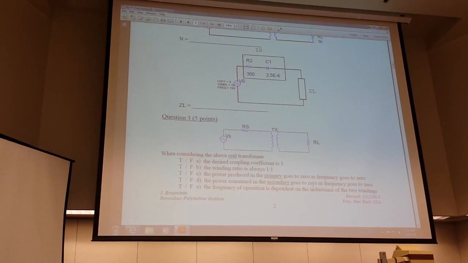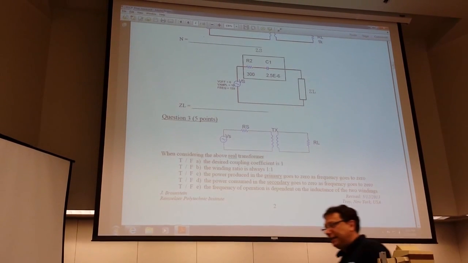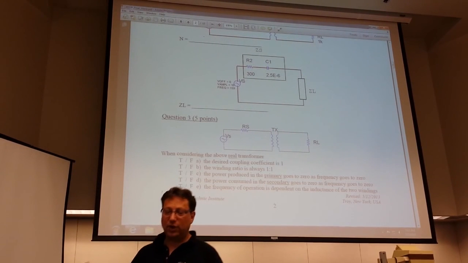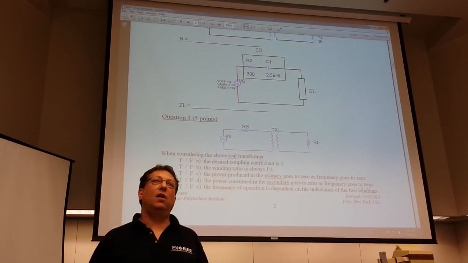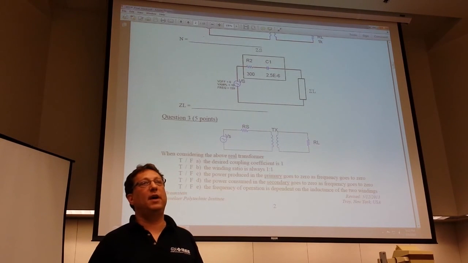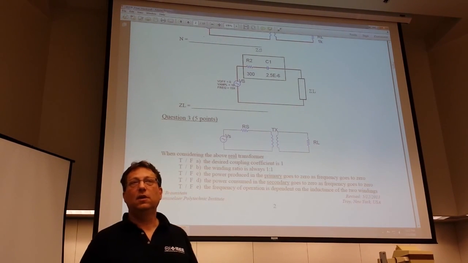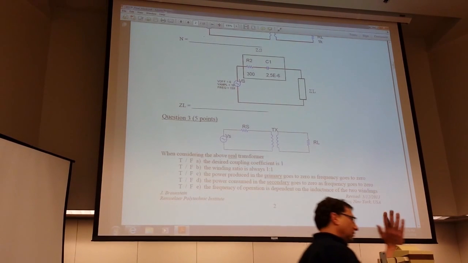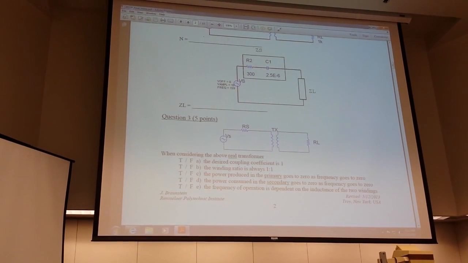Frequency operation is dependent on the inductance of the 2 windings in a real transformer. True or false? True. So, it's dependent on L1 and L2, which affects M. And so, remember we talked about that. In the ideal transformer in PSpice, effectively, if it's an ideal transformer, what must be true about the inductances if it's operating in all frequency ranges, all AC ranges, let's not talk about DC?